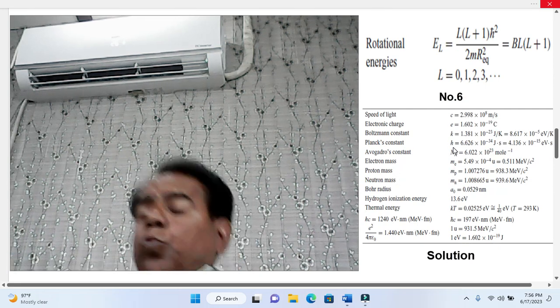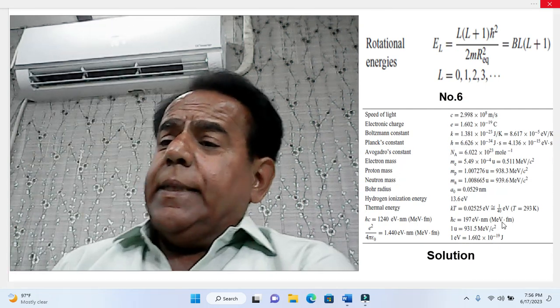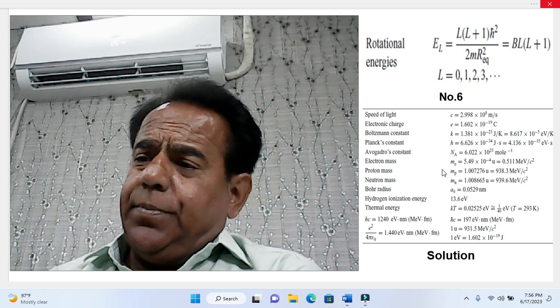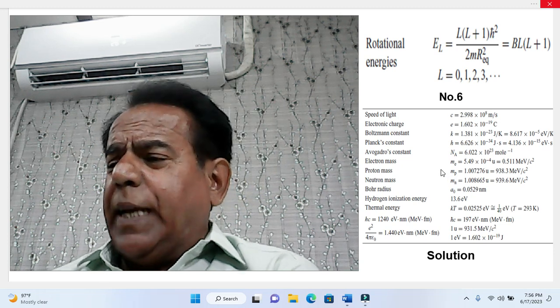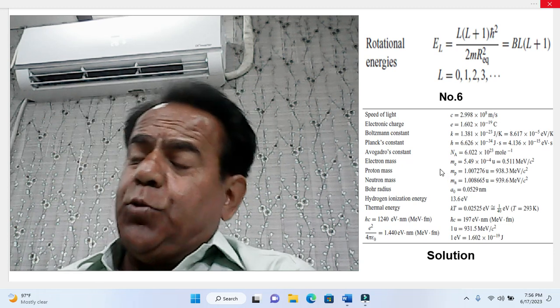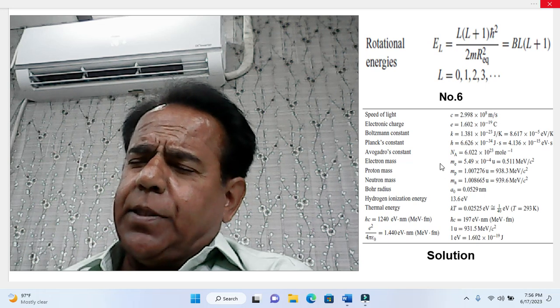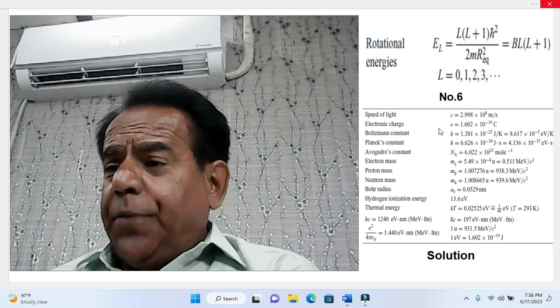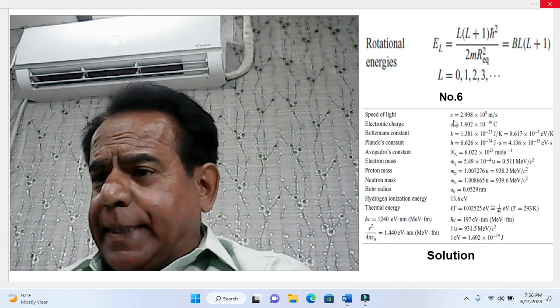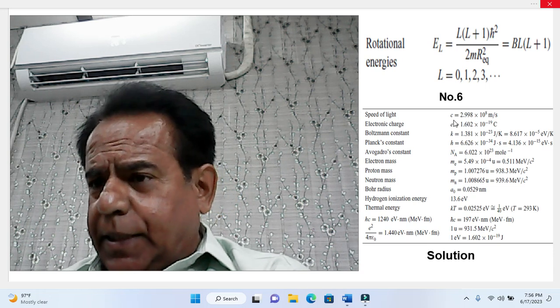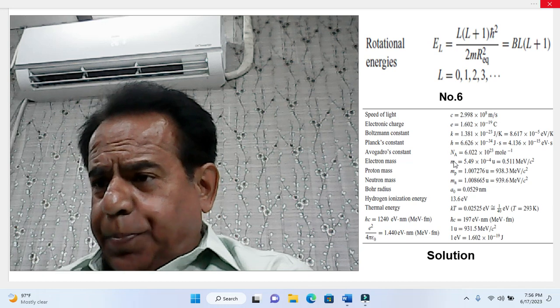In helping tool number 6, this table has been shown, or has been adopted or utilized, so many times in our previous problems, previous videos. Okay, from this table the speed of light c will also be used in this problem.